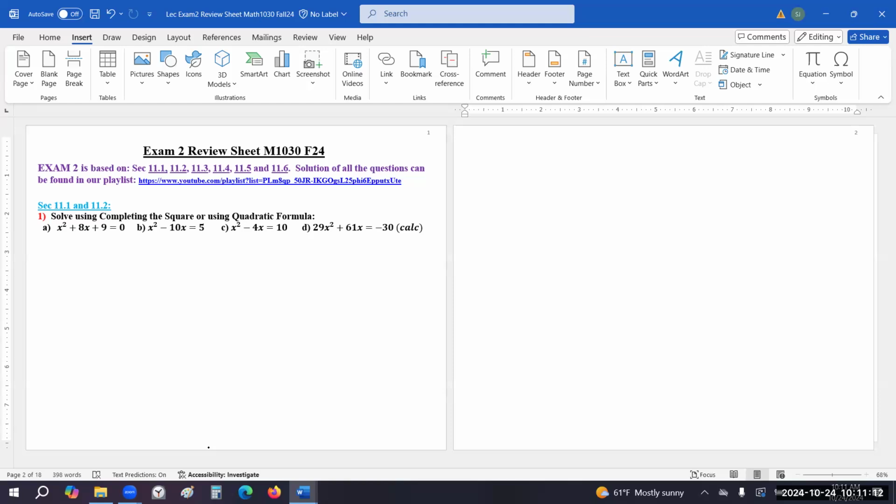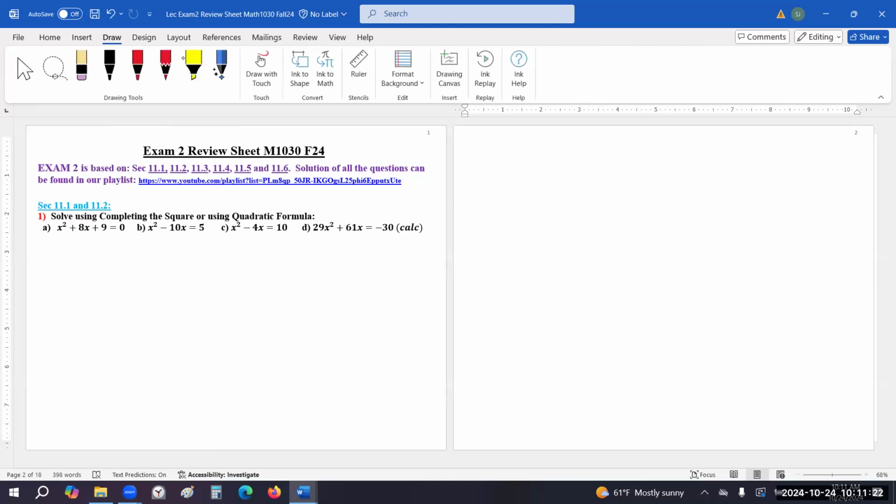Okay, so there will be 1 solve for x, either using quadratic formula or complete the square, it's up to you. I will tell you which one is useful. For example, here our A is 1 and B is even. So complete the square is helpful.